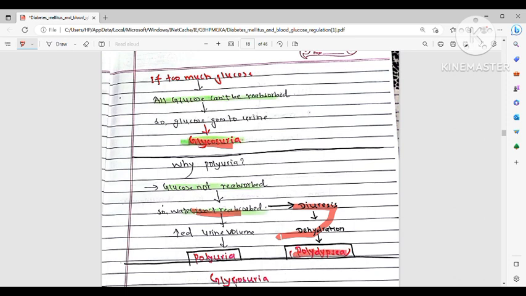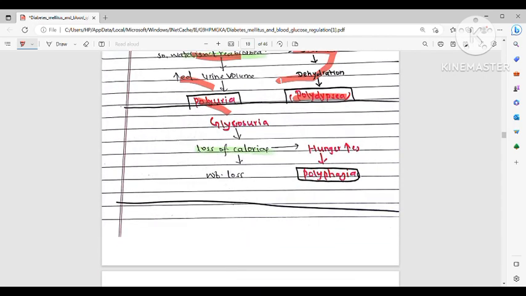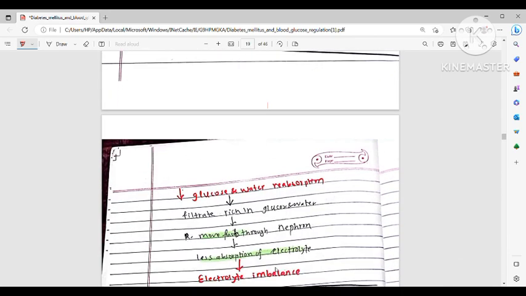When water is not reabsorbed, it leads to increased urine volume, so polyuria, an increase in frequency of urine as well as quantity of urine. Glycosuria means loss of calories, weight loss, and hunger increases due to loss of calories, which leads to polyphagia.